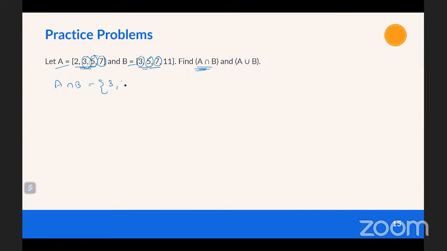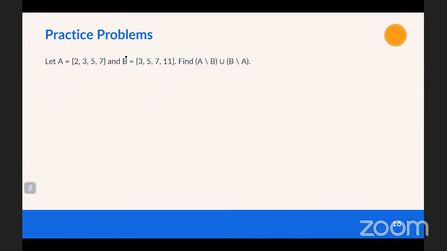So the intersection will have 3, 5, and 7. Now if you perform union, so union says it contains all the elements in A as well as in B. So you have to write 2, 3, 5, 7, and 11. So the elements which are present in A as well as which are present in B will be in the union operation. Okay.